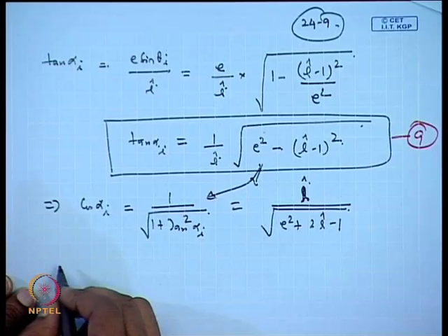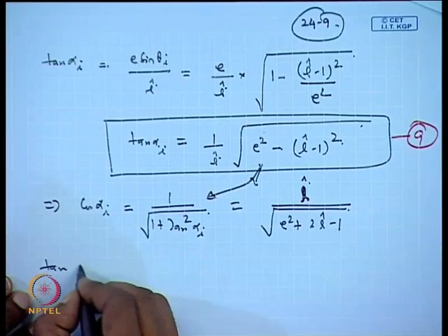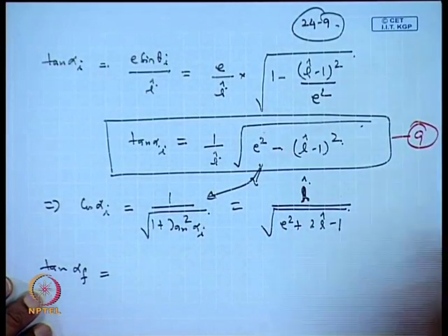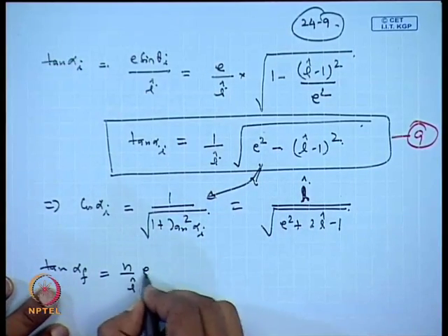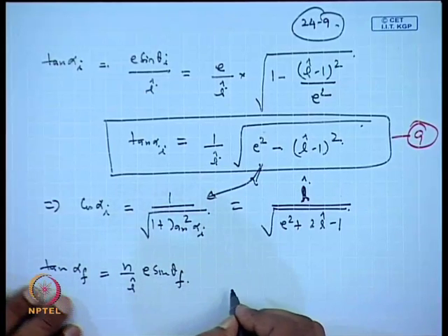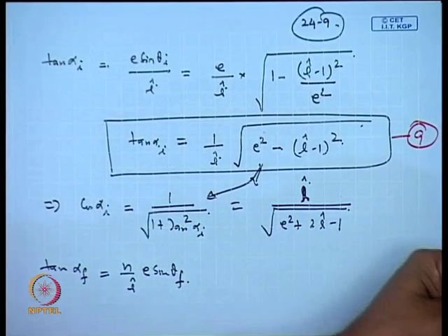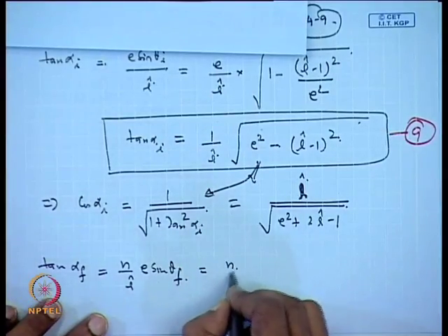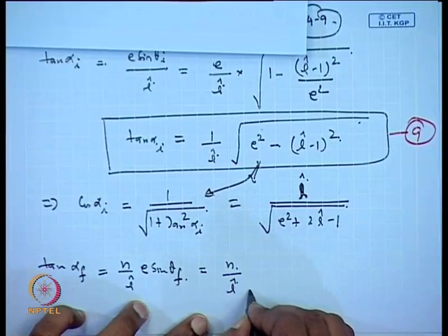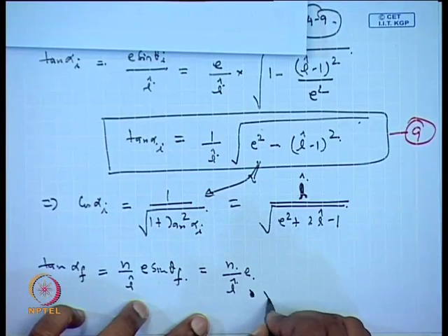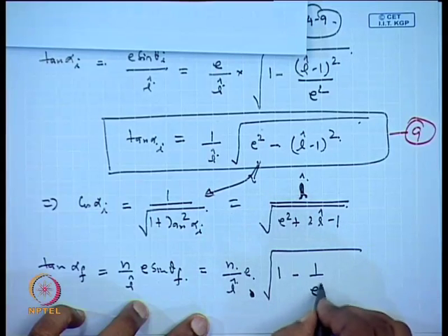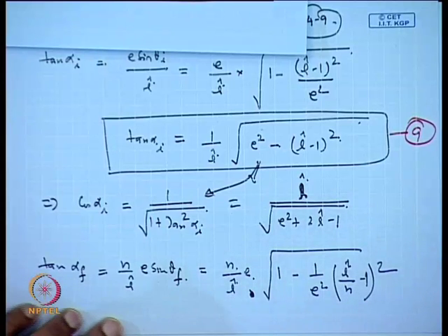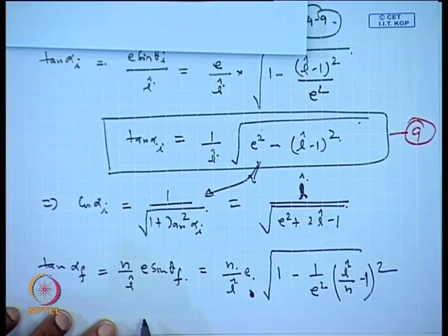Similarly, you have tan alpha f equal to N by L cap E sin theta f, and the sin theta f just now we have worked out. So, the sin theta value is given here. So, we can insert here in this place, L cap times sin theta f, 1 minus 1 by E square. Okay.